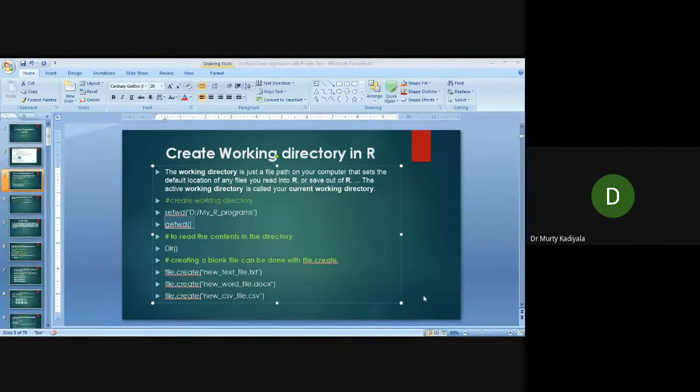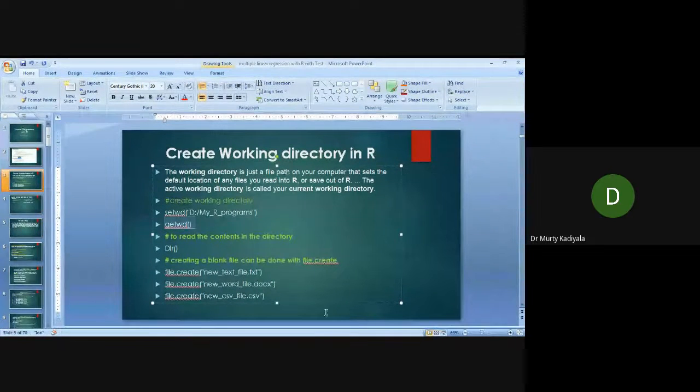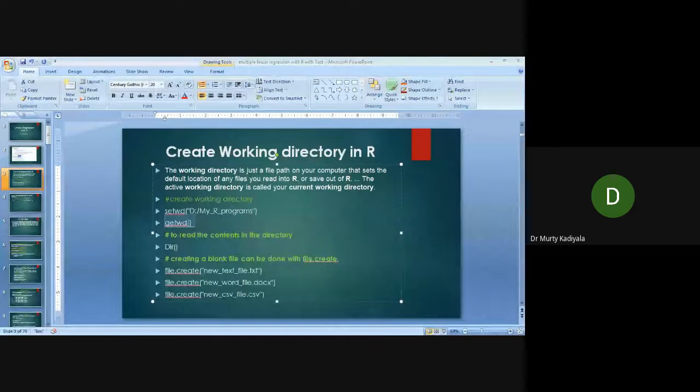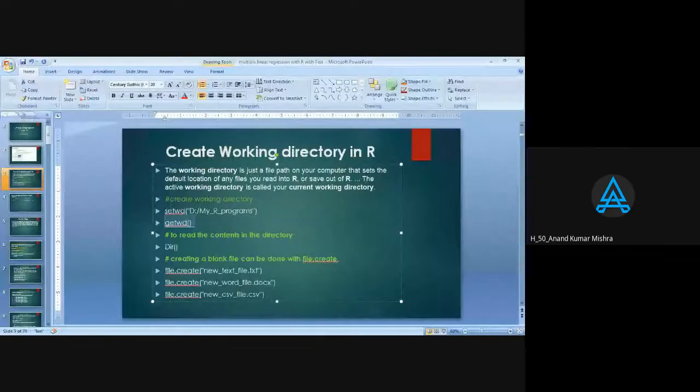I think you know R programming, right? All of you? No, sir. Okay, fine. For example, what is your current directory?